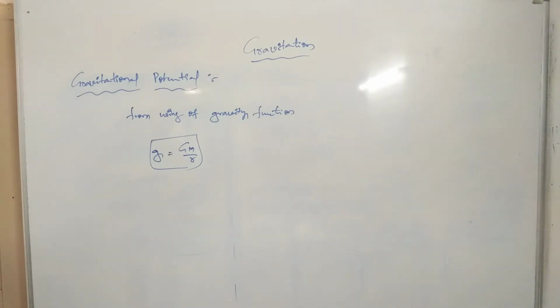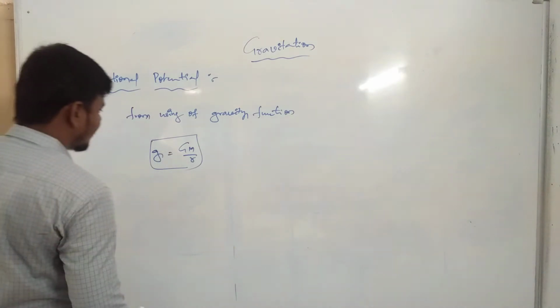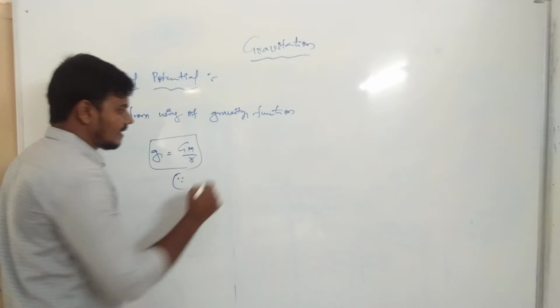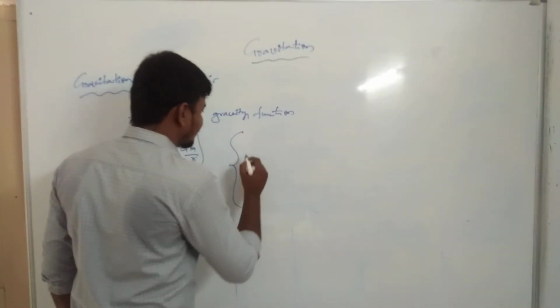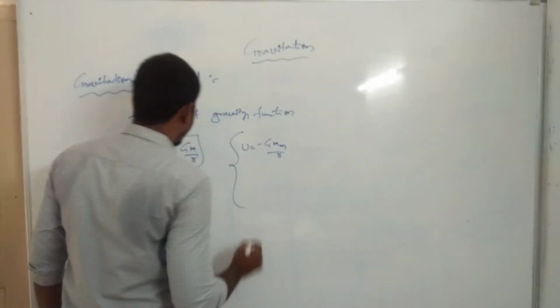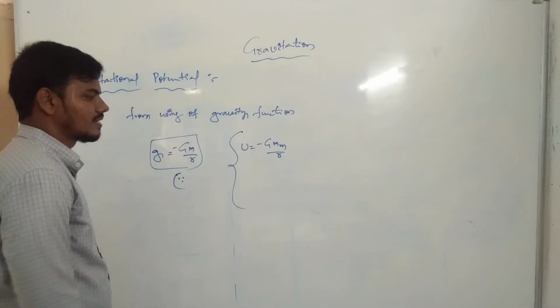Now what is the difference between gravitational potential energy and gravitational potential? Gravitational potential we can use in every application. Since U is equal to minus G capital M small m by R, the same function applies with a negative sign also.